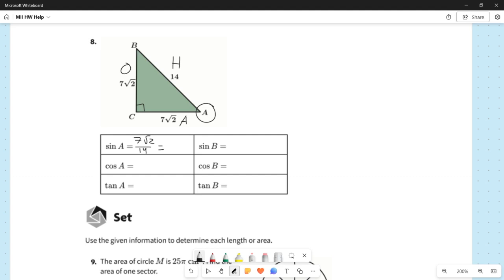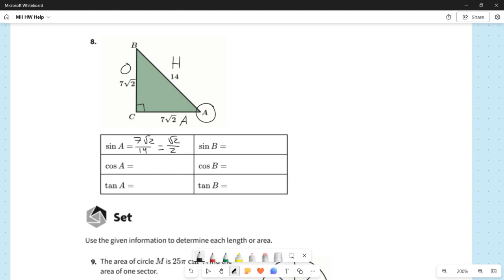You could say 1 root 2, but you really don't need the 1, so it's better to just have the root 2, because we don't need a placeholder if we have something else there. And then it's over 2, because the 7 over 14 reduced to 1 over 2. So our final answer for sine of A is root 2 over 2.